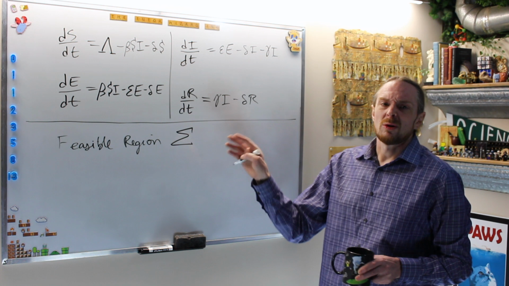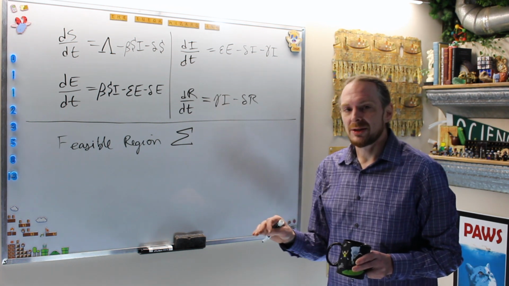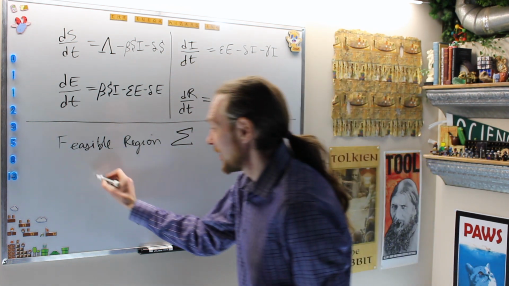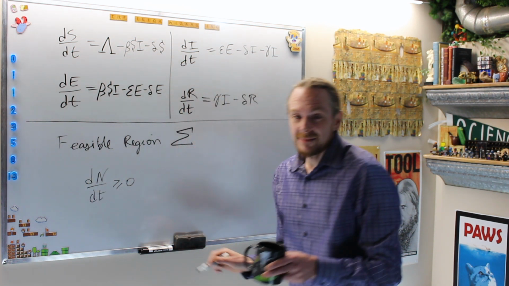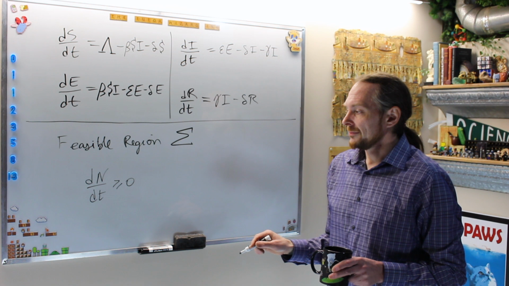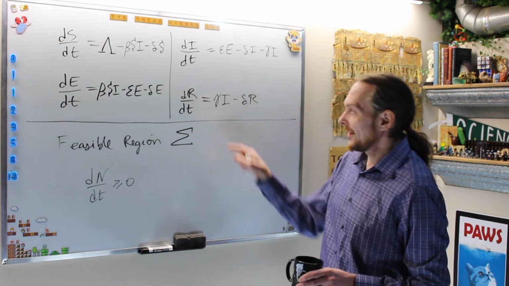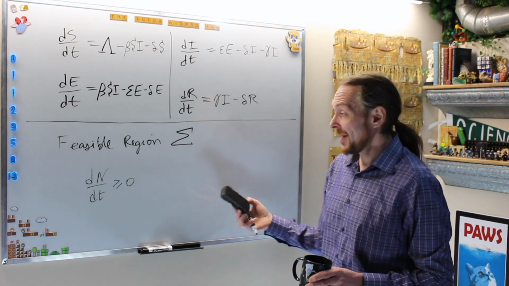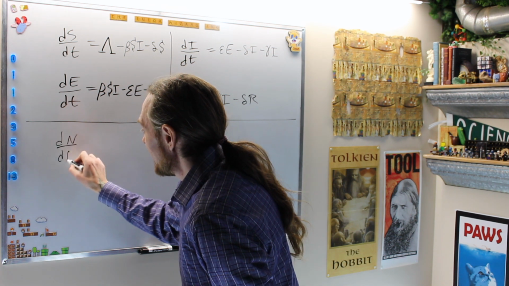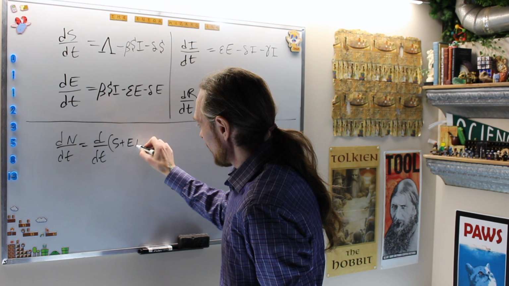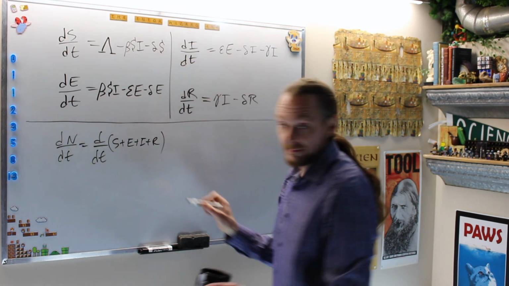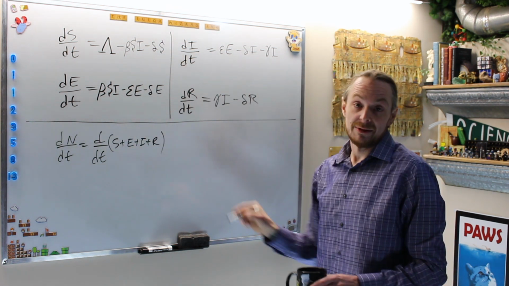We want the total derivative of the total population N to be increasing. So we're going to look at dN/dt, and what we want essentially is for that to be positive. To do that, what we're cleverly going to do is, what was N, remember? dN/dt is d/dt of N, which is S plus E plus I plus R. Then I can use linearity of the derivative.